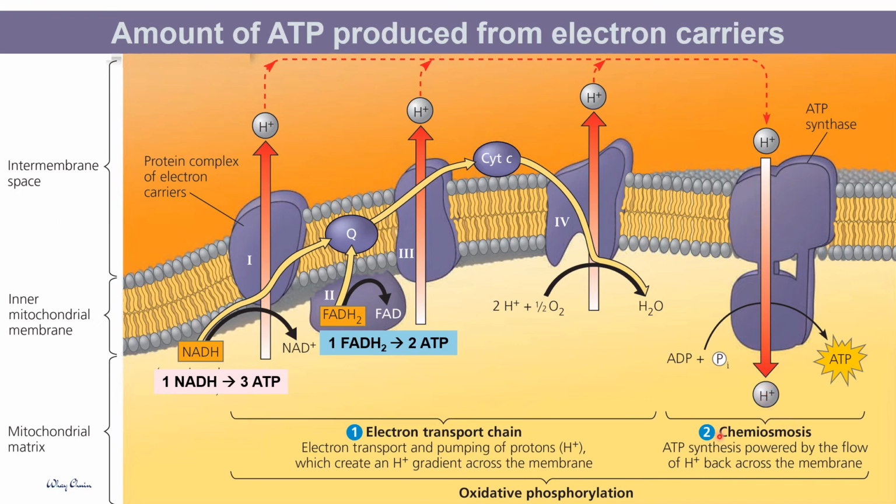So chemiosmosis will occur 2 times to produce 2 molecules of ATP. And theoretically, we predict that one FADH2 will produce 2 ATP.